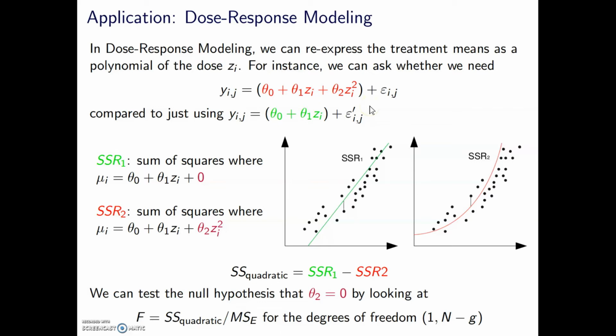This idea of presenting ANOVA as a comparison between two models is used, for instance, in dose-response modeling. As shown here, the measured data y sub ij is modeled as a polynomial equation that we obtain from a regression analysis. But regression analysis will always try to fit the data one way or another, and it's important to criticize the relevance of the coefficients theta k returned from these regressions by using F statistics.